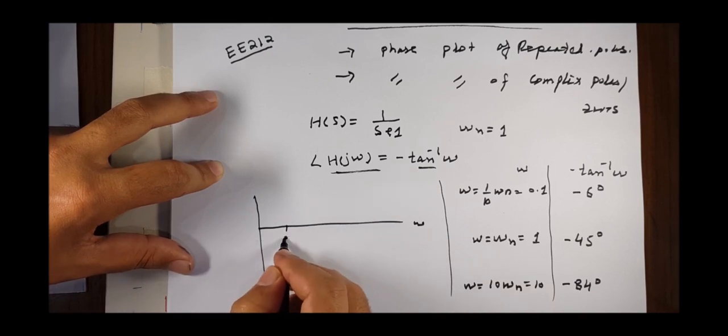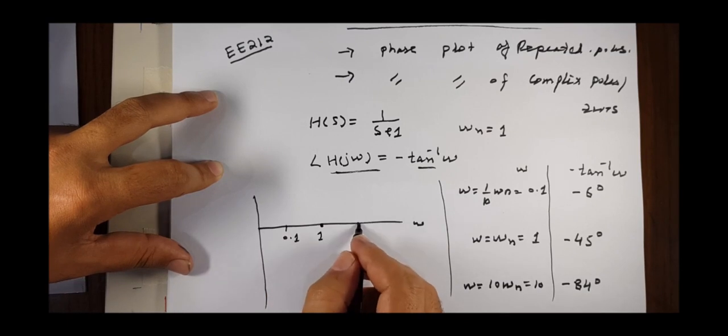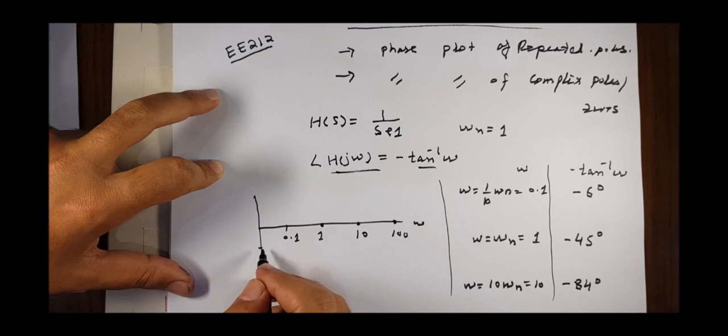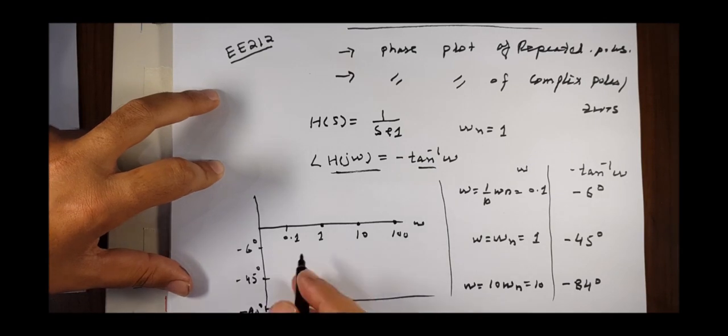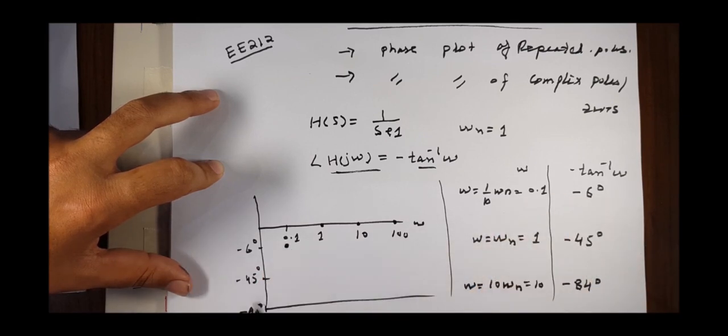Then we simply draw this phase versus omega. We said that this is omega at 0.1 times omega n, this is 1 times omega n, this is 10 times omega n, and this is 100 times, and so on. Here this is minus 6 degrees, this is minus 45 degrees, and this is our asymptote, minus 90 degrees. So at 0.1 our angle is minus 6 degrees, at 1 it was minus 45 degrees, and at 10 it was minus 84 degrees.